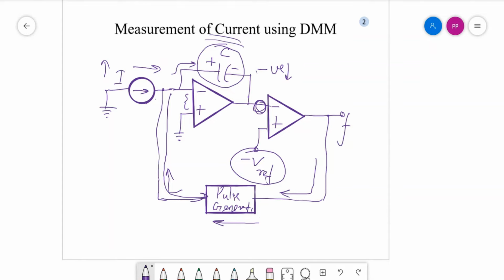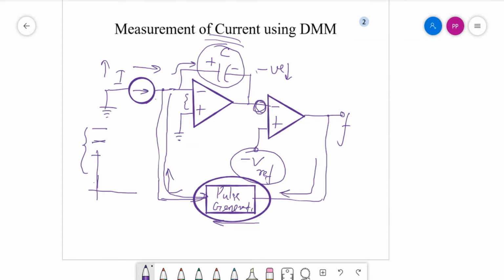So suppose we have the current over here. The more current is given at the input, the less is the time to charge the capacitor. So faster will be the triggering of the pulse generator each time I apply a new current sample to charge the capacitor.